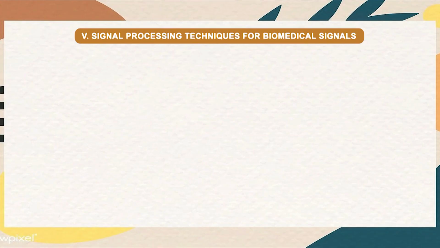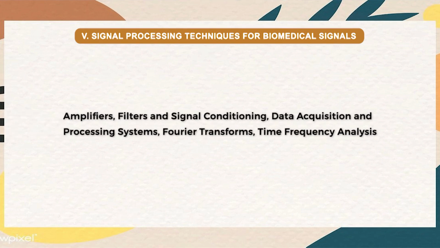Fifth chapter, we discuss signal processing techniques for biomedical signals: amplifiers, filters and signal conditioning, data acquisition and processing systems, Fourier transforms, time frequency analysis.